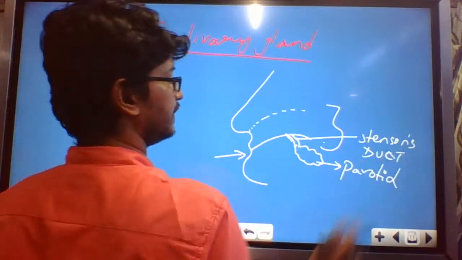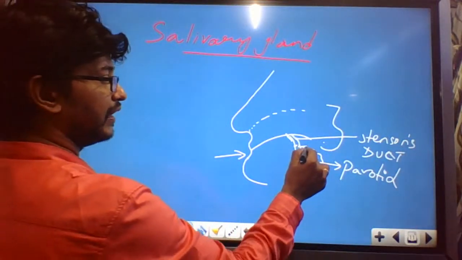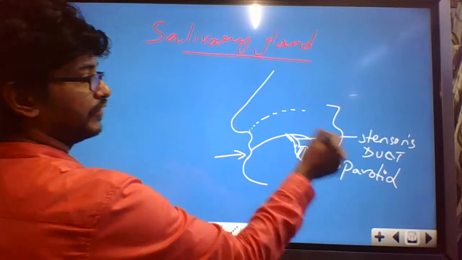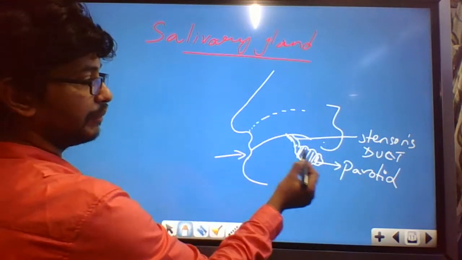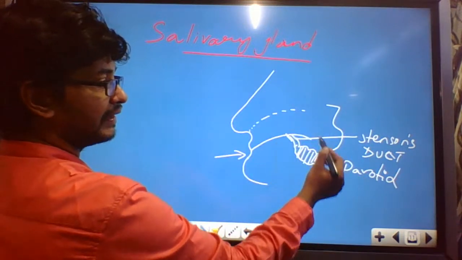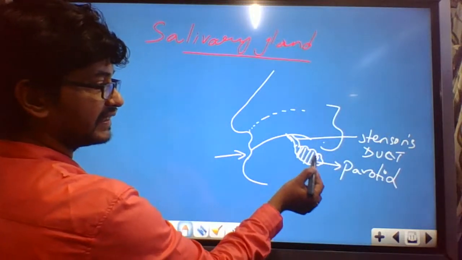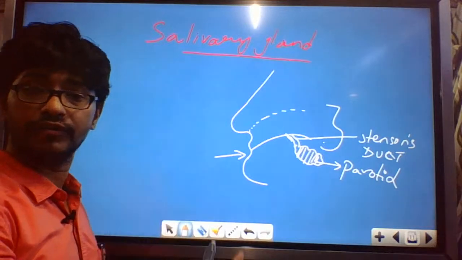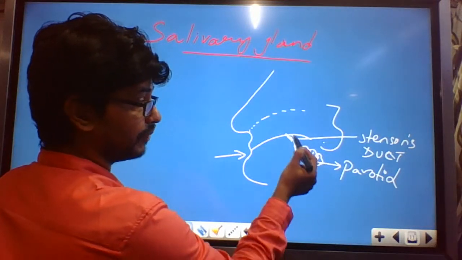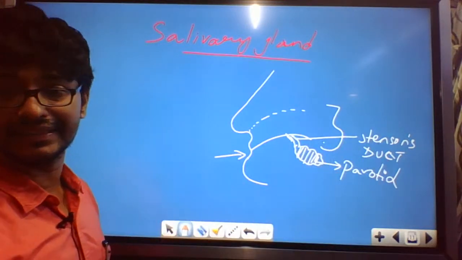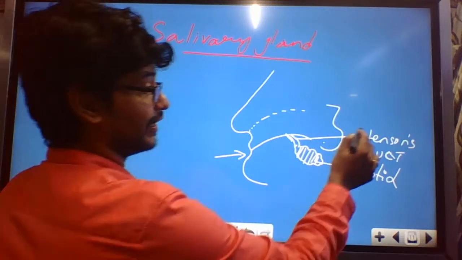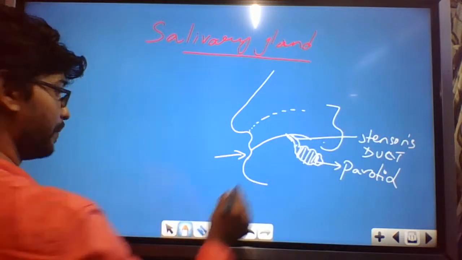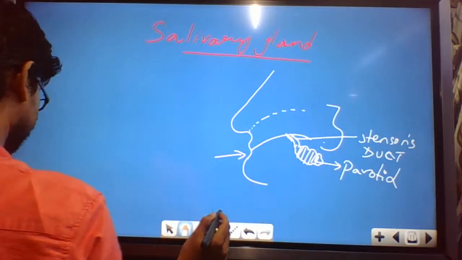So this is the parotid gland that you could see, the first salivary gland. The parotid gland is connected with the palate by means of a duct, and what is this duct called? Stenson's duct. The next one we could see is the submaxillary.